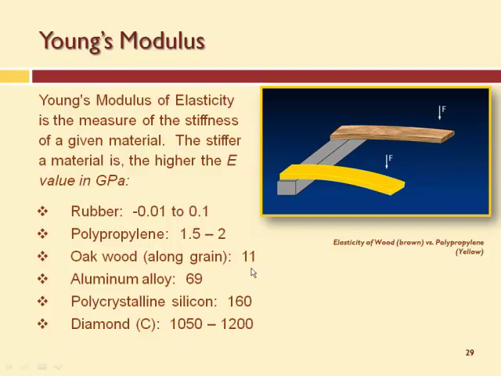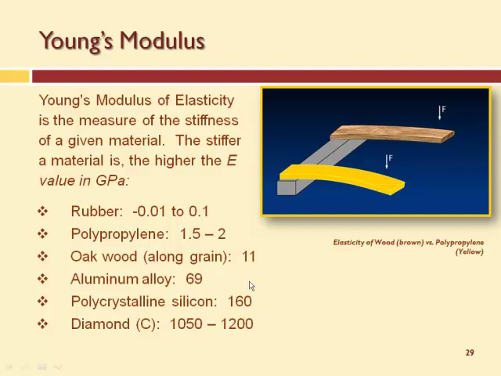Polypropylene's a little bit stiffer than rubber. Oak, right? Walking the plank. They use oak. Diving boards, old school diving boards, go along the grain. It has about an 11 gigapascal value for E. Aluminum alloy, oh, now we're cooking, right? Very stiff. We build things out of aluminum. And metal studs now, steel studs.